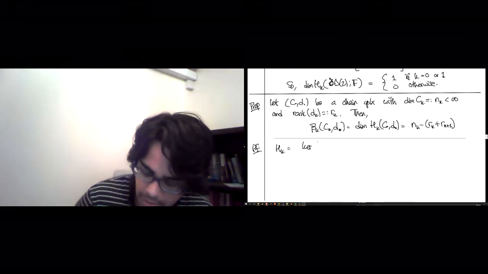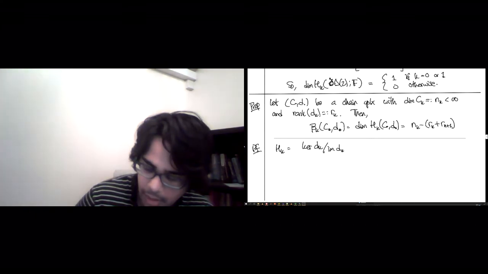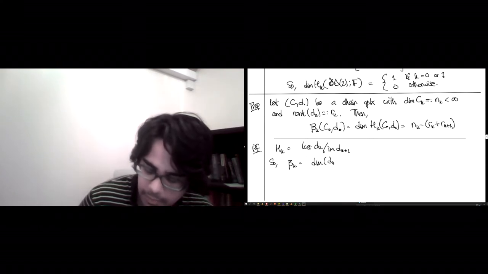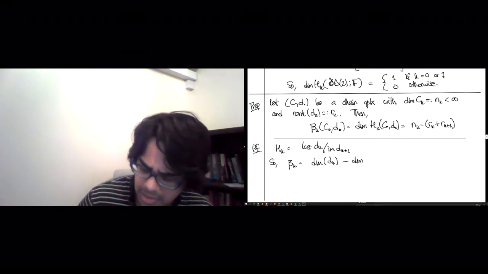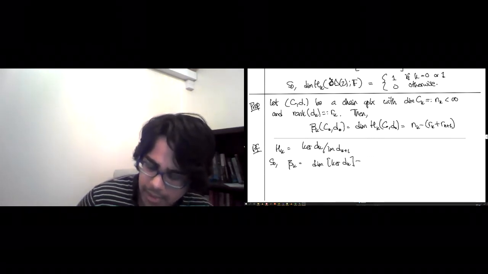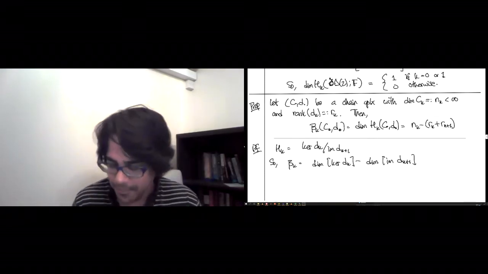So the dimension is going to be the dimension of the kernel of D_K minus the dimension of the image of D_{K+1}. There, that's the way it makes sense.